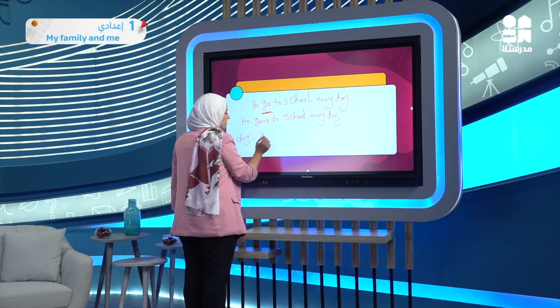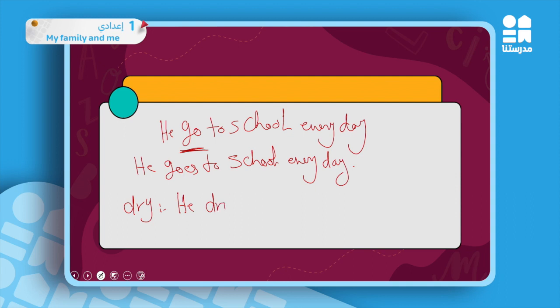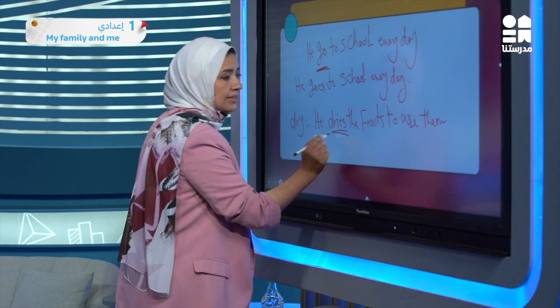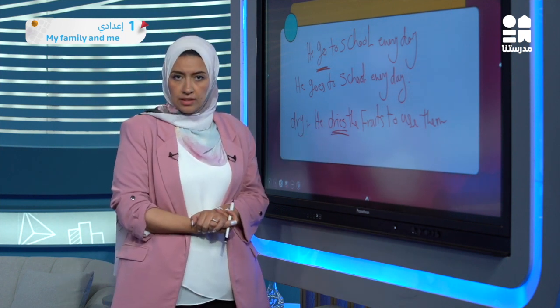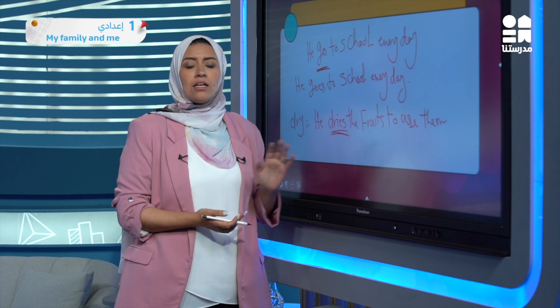He dries the fruits to use them. He dries the fruits. يعني هو بيجفف الفاكهة عشان يقدر يستخدمها. تمام؟ Got the idea? Okay.